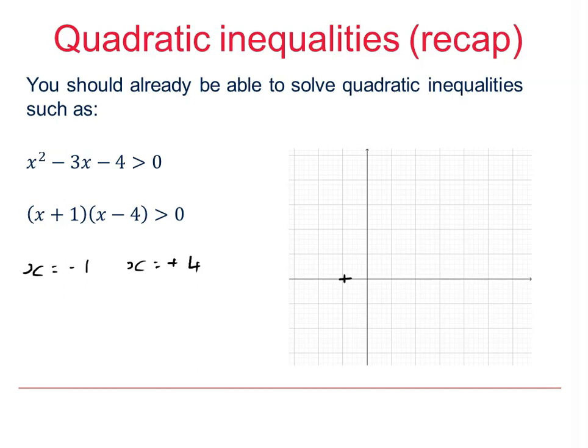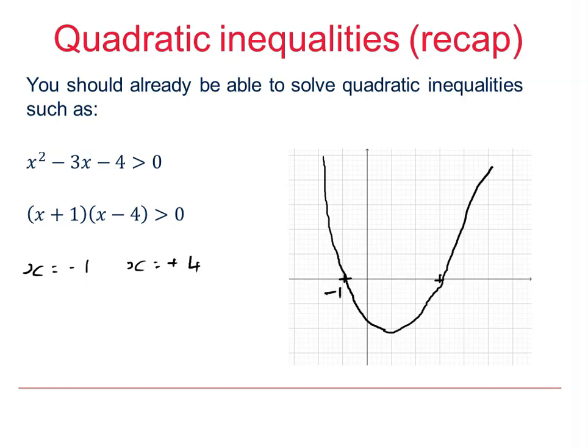X is equal to -1, x is equal to +4, and because this is a positive quadratic, so we've got positive x squared, we know that it will be the standard parabolic shape. It will come down through -1, cross the y-axis, and then go back up again through +4.